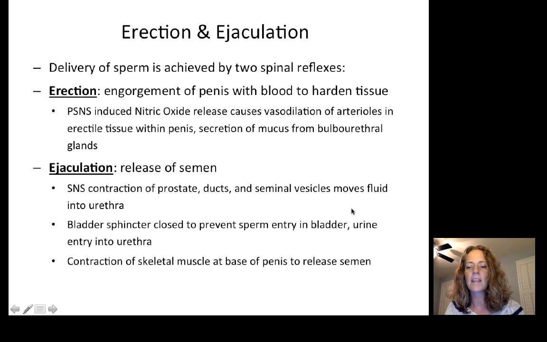It will also prevent entry of urine into the urethra at this time, so that only semen can be released out of the male urethra during the ejaculation reflex. Contraction of skeletal muscle then will occur at the base of the penis to release the semen.